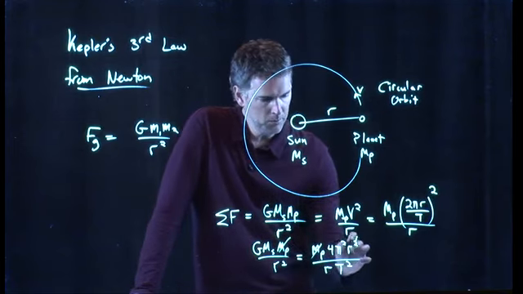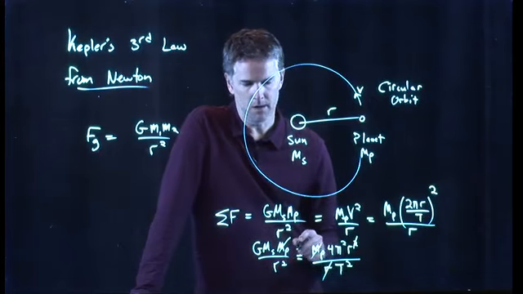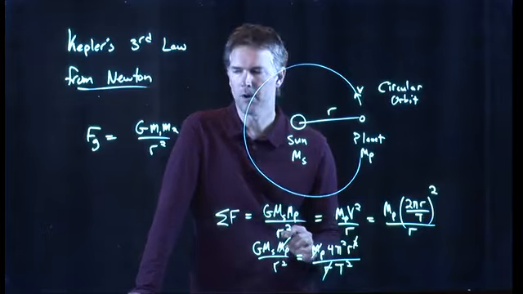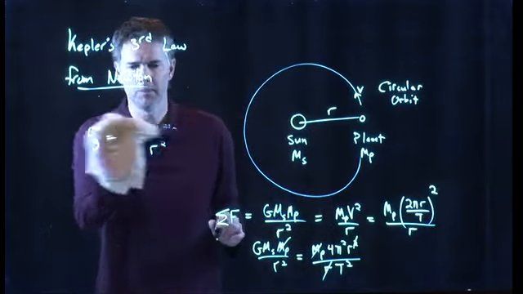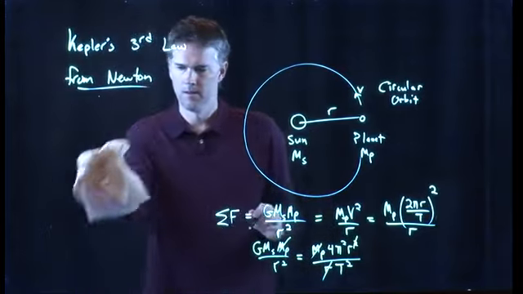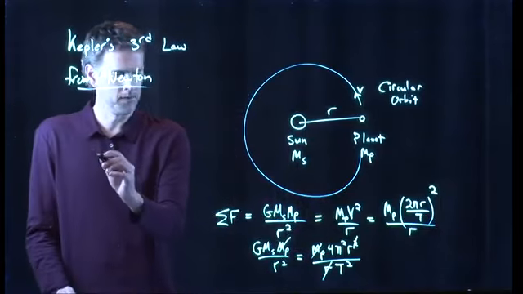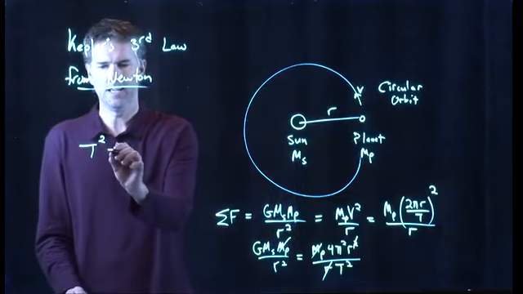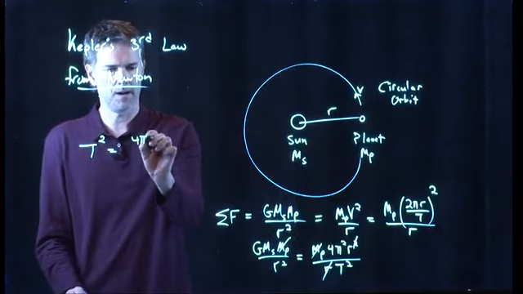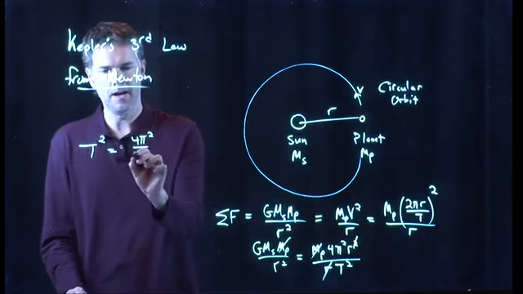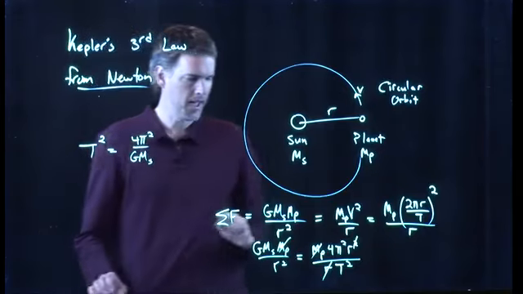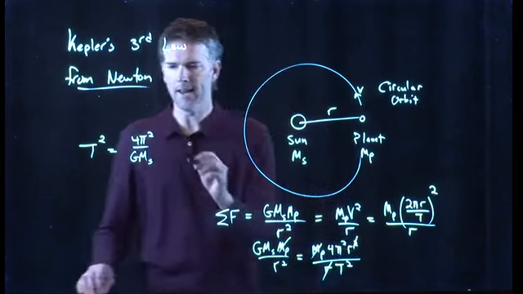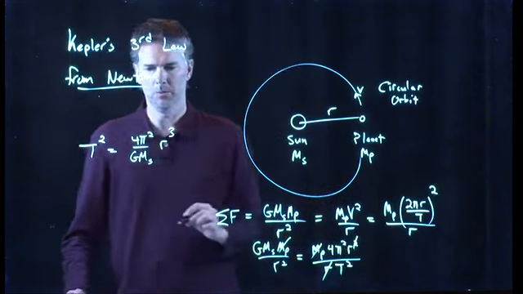If I cancel one of these r's, I can do that. And if I multiply across by r cubed, I can write a very nice formula, which is the following. T squared, let's multiply T squared up over there, equals 4 pi squared divided by G m sub s. And then I got to multiply r squared up over there, so I end up with r cubed.